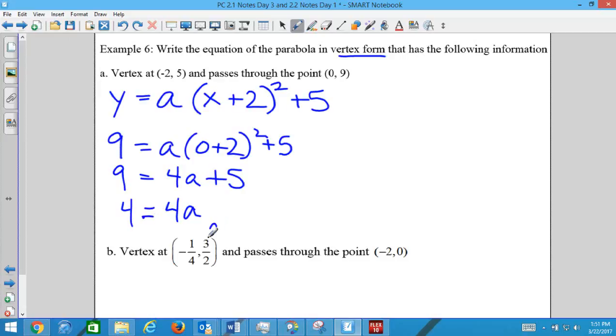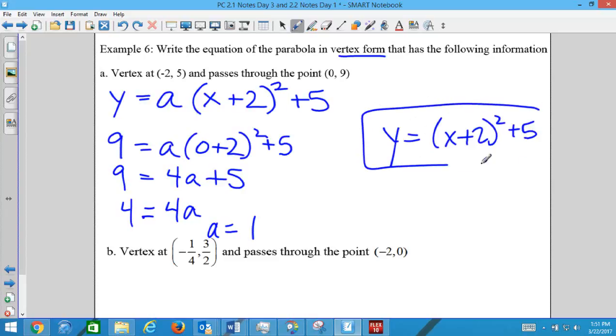So A is 1. When you know your A value, you put it in. I did put it in, even though you can't tell because it's 1, but it would go right there. All right?